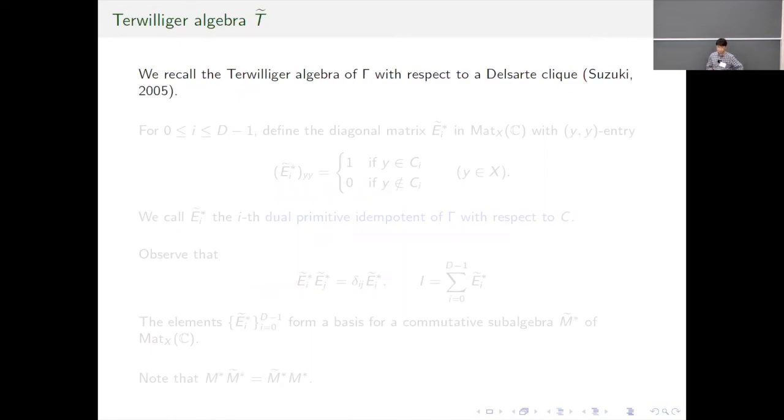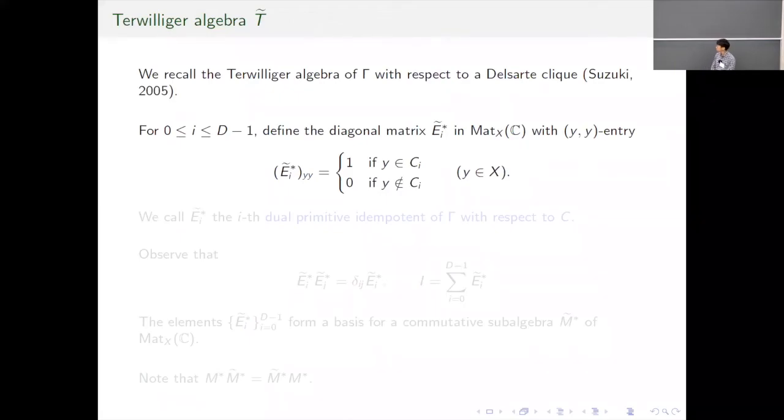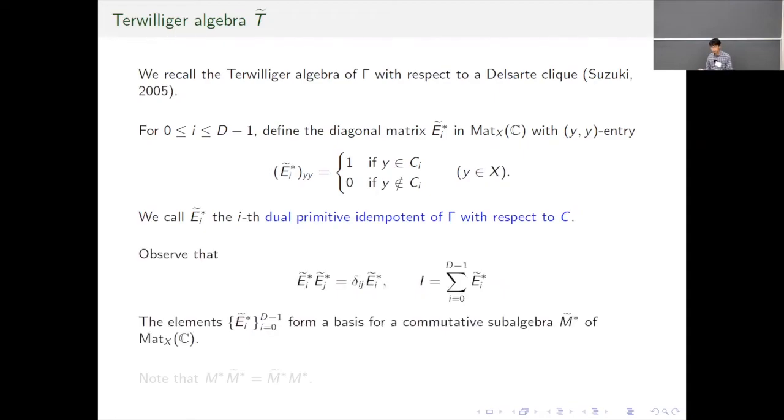In 2005, Suzuki introduced the general version of the Terwilliger algebra, the Terwilliger algebra of gamma with respect to a set of vertices. We just take our set of vertices as the Delsarte clique for our purpose. Now we define Ei star tilde, the diagonal matrix whose yy entry is 1 if our vertex y is a member of Ci, and we call this the dual primitive idempotent of gamma with respect to the Delsarte clique C. We also easily find these equations.